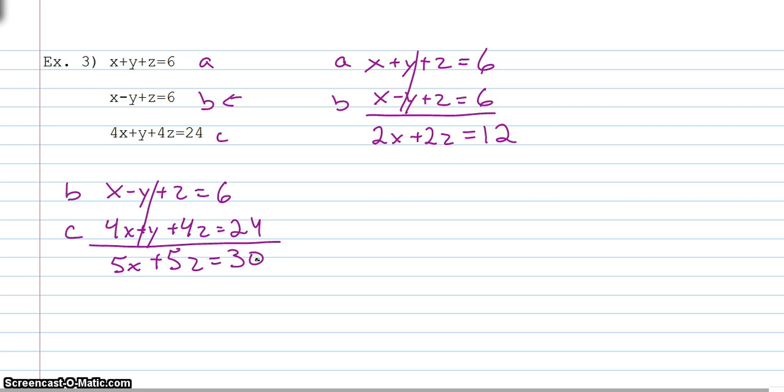And now I see I have both equations, and they are both in terms of x and z. So now I've got to solve for x and z. So I see there's not going to be a 1 multiplication that's going to get me to the same coefficient. So I'm going to have to multiply one of them by, let's do -5, and multiply the other one by 2.